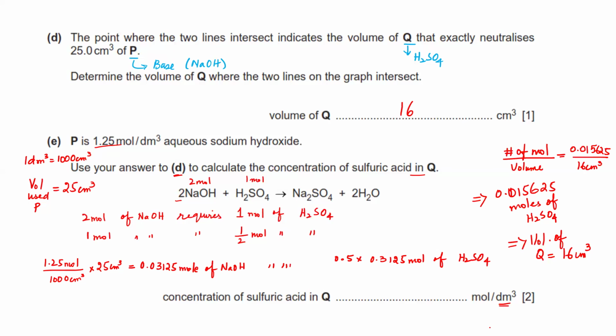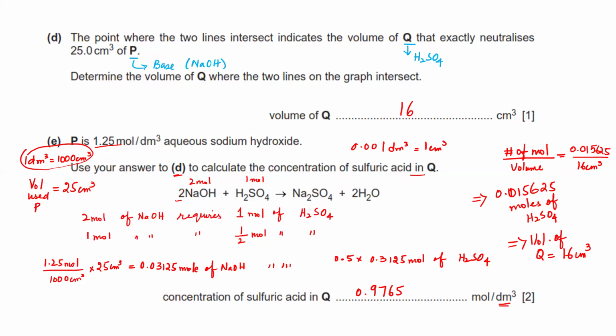But we have to give this volume in dm³. 1 dm³ is equal to 1000 cm³, so 1 cm³ is equal to 0.001 dm³. You get concentration in mol per cm³, and you divide by 0.001 to get mol per dm³. So you will simply get 0.9765 moles per dm³. This will be your answer.